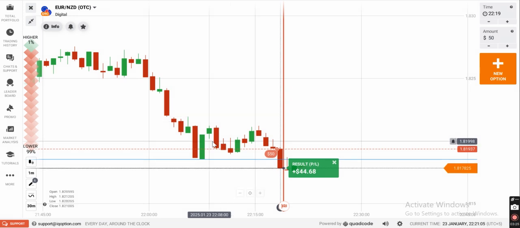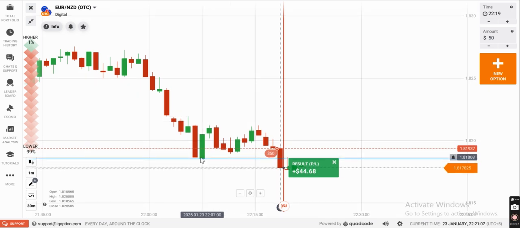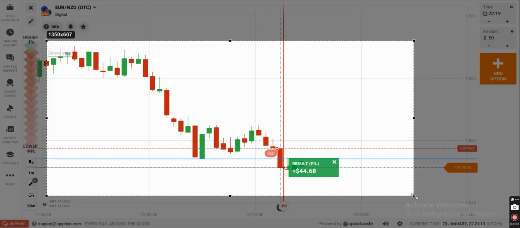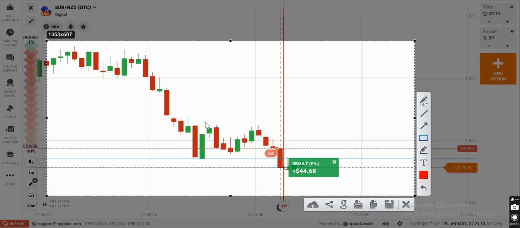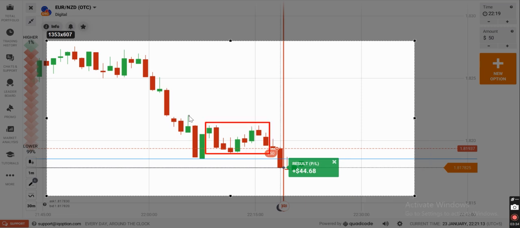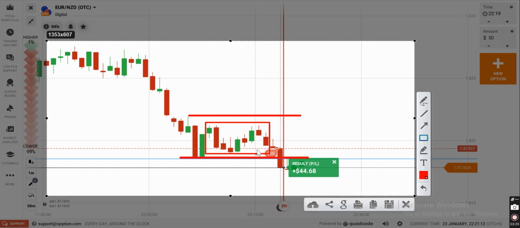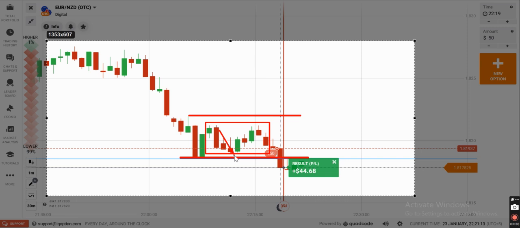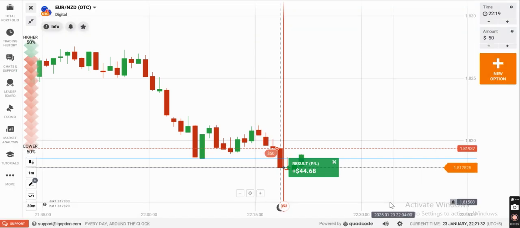It is continuously moving in a downwards direction, in a lower low situation, and this area is only a retracement area. You can see this one, this is the high, this is the lower low. So the market was moving in this range and again it was trying to move like this. Therefore we took this trade.